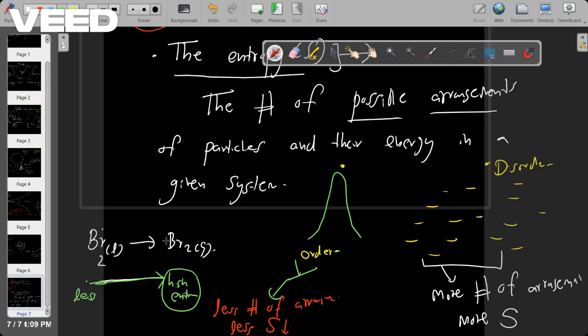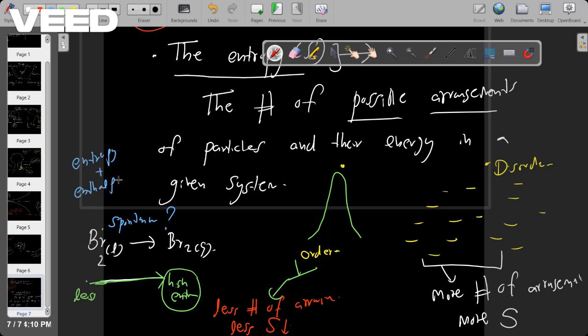Now is this reaction spontaneous? Yeah, you can say spontaneous, but be very careful. With entropy alone, you can't explain it. You have to combine entropy with enthalpy.